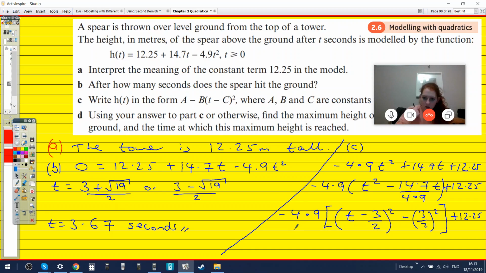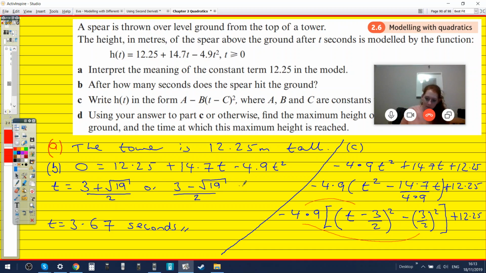Would we then expand out the minus 3/2 squared and the 12.25? You would expand the square bracket, so minus 4.9 times the square bracket, and minus 4.9 times that.